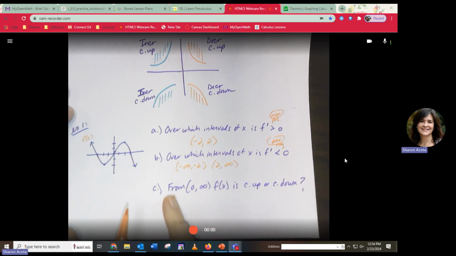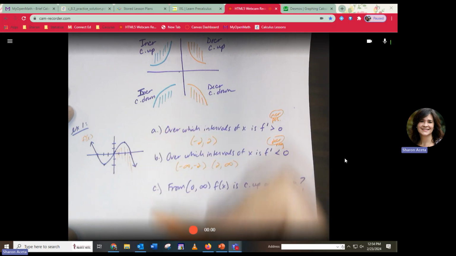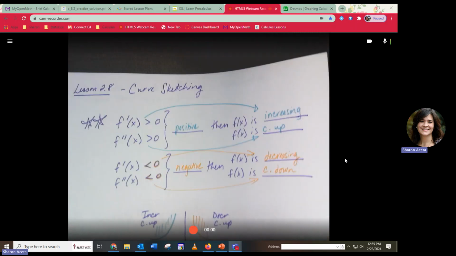Now this question says, from 0 to infinity, what is the function doing? Is it concaving up or concaving down? Well, 0 to infinity would be this way, and it looks to me like it's spilling water, so that would be concave down. So you'll have some quick questions like that. Pretty easy. But let's look at 2 more examples and we'll be done here.